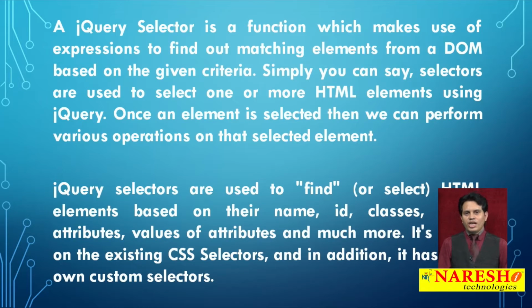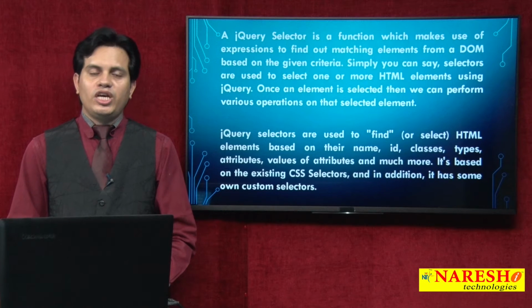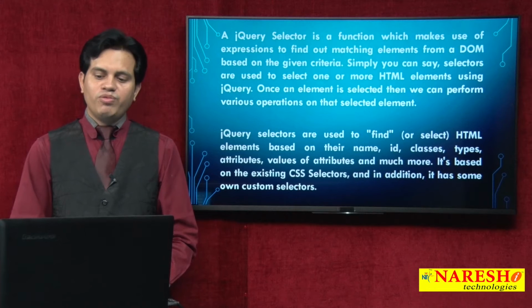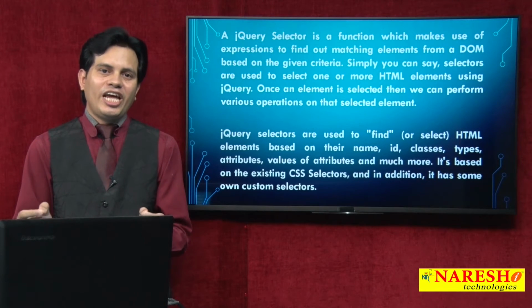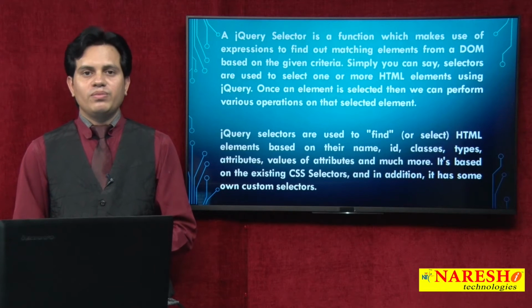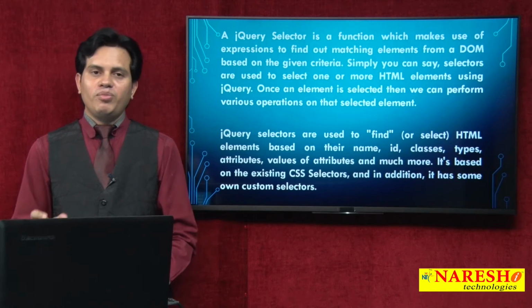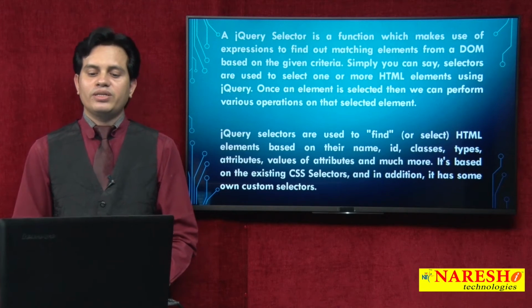So a jQuery selector is a function which makes use of an expression to find matching elements from a DOM, nothing but the document object model, based on the given criteria. It is also called a selector expression, used to find matching elements from a DOM based upon the given condition.